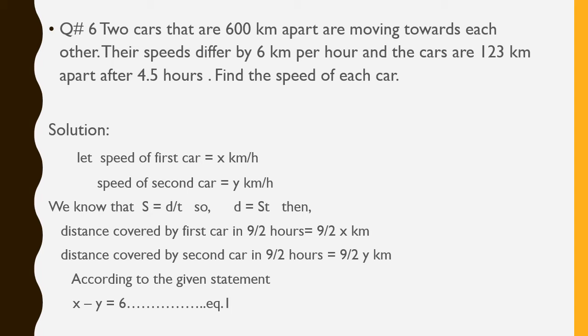Similarly, the distance covered by the second car in 9/2 hours equals to 9/2 multiplied by y. According to the given statements, their speed differed by 6 km per hour. So we can write x minus y is equals to 6. This is equation number 1.